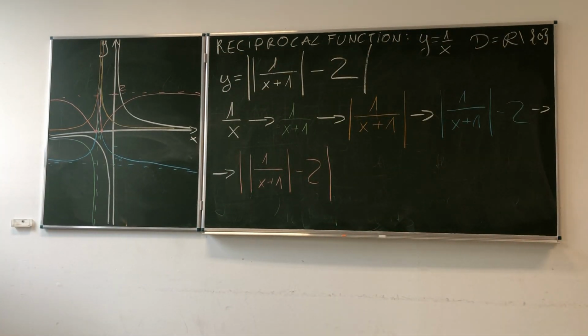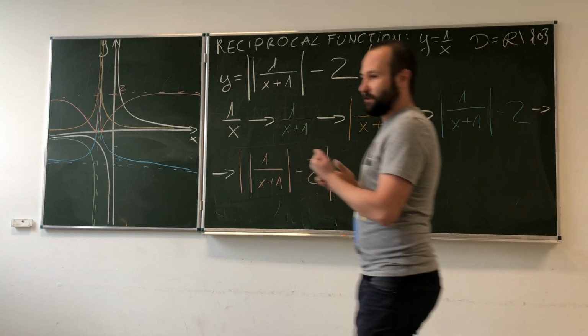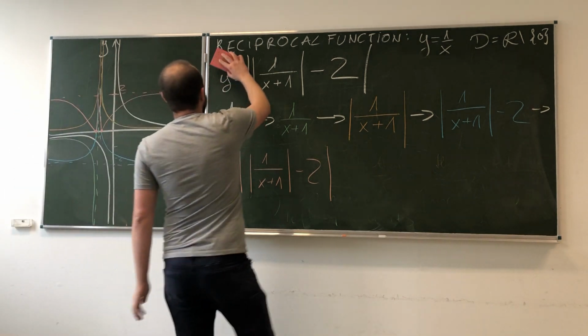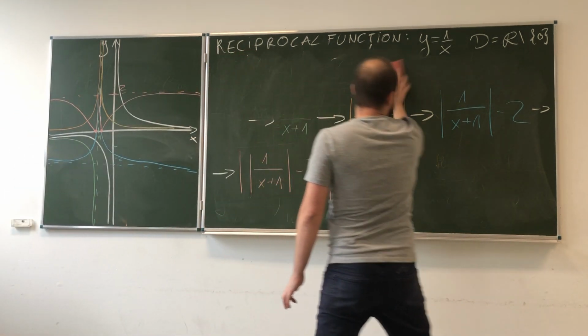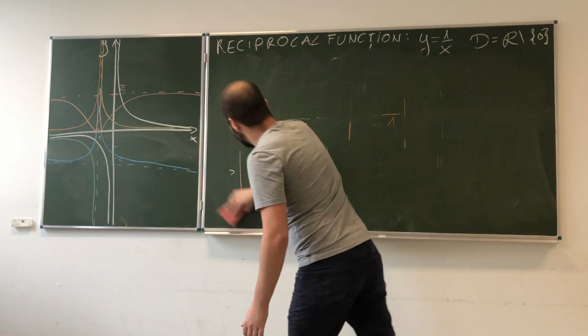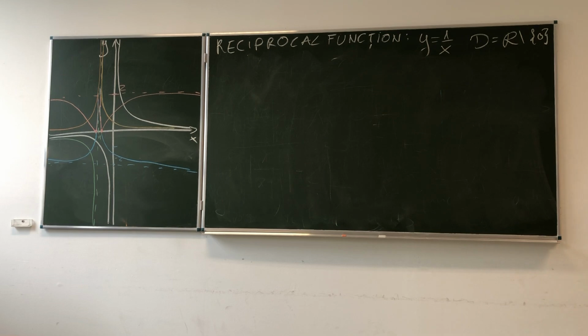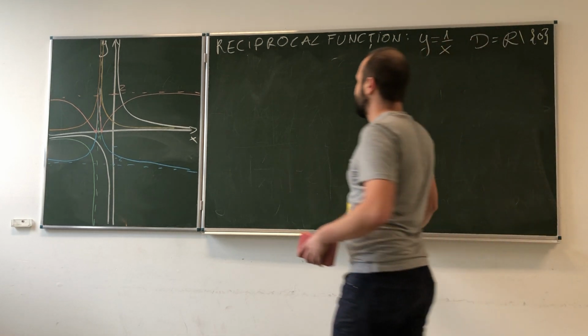Okay, so now let's try again with something slightly more involved. But again, we will be using the consecutive steps, which will make our job very easy as long as we know how every basic transformation works.